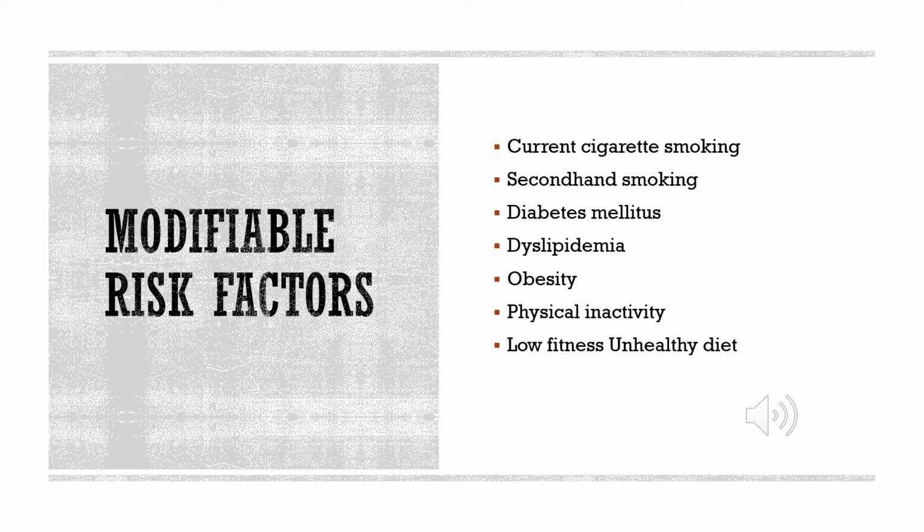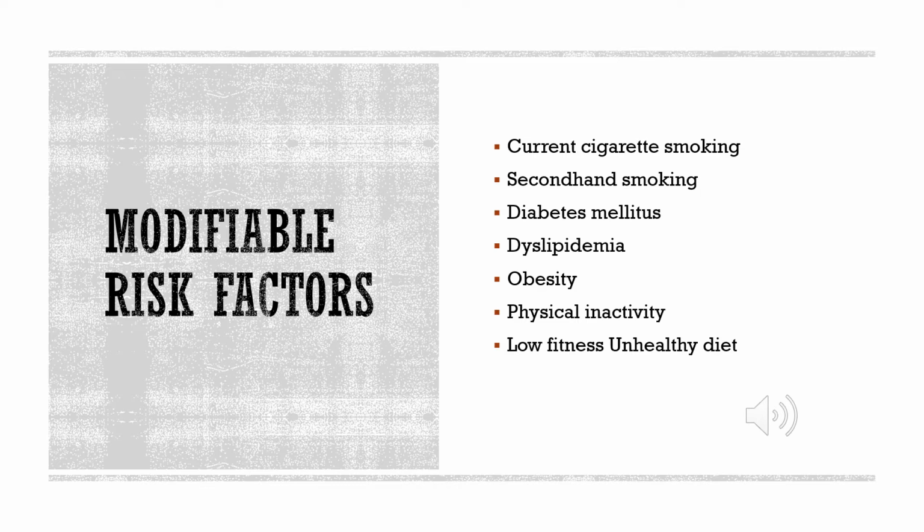Some of the risk factors that patients can modify include management of cigarette smoke. Individuals who are exposed to secondhand smoke are at increased risk of hypertension, but these are things that can be modifiable.